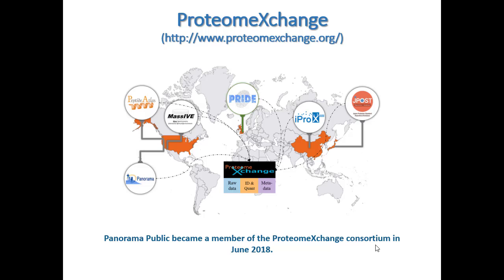And then, once the paper associated with that data is published, publicly available, at that point, these member repositories announce that data to Proteome Exchange, and they then broadcast it over RSS and Twitter, so researchers can stay up to date with newly available data.